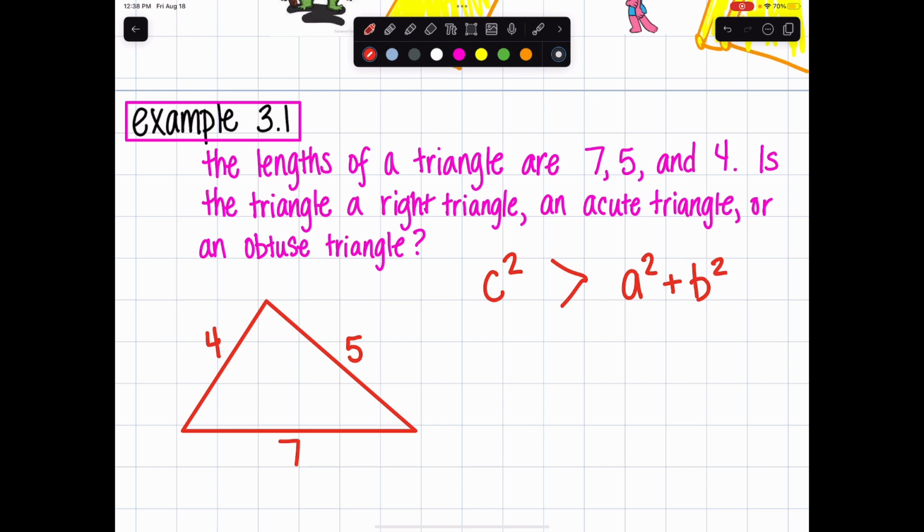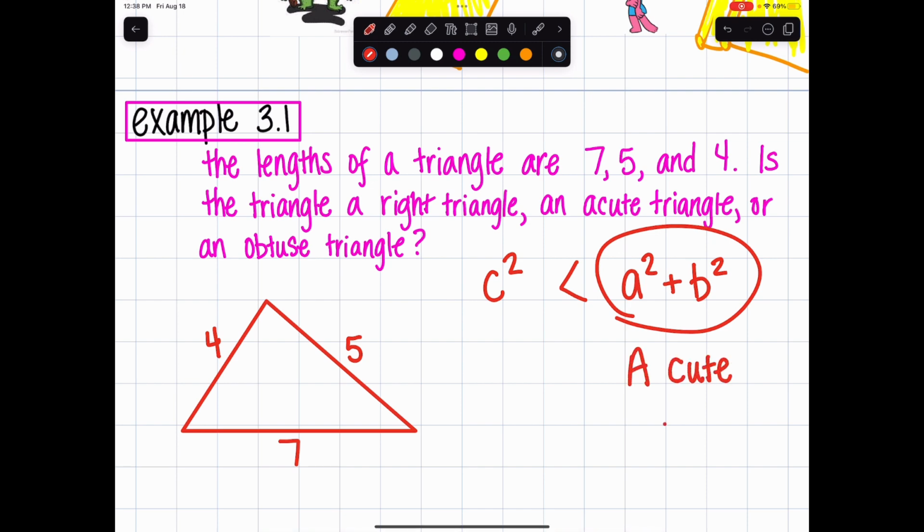The c squared might be greater than, that's only 1 big square of gold, so that would be an obese troll or an obtuse triangle. If the c squared is less than a squared plus b squared, that means the a squared plus b squared is going to be the bigger thing, and that's a cute troll that's giving you that, or an acute triangle.